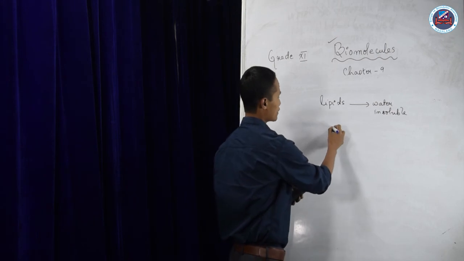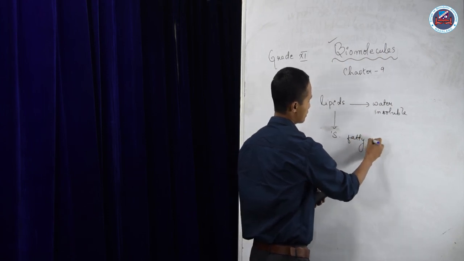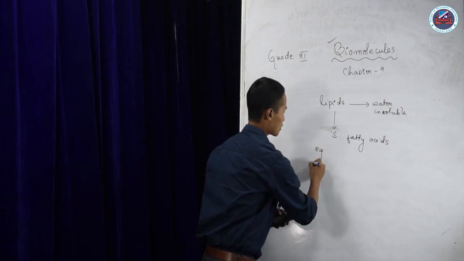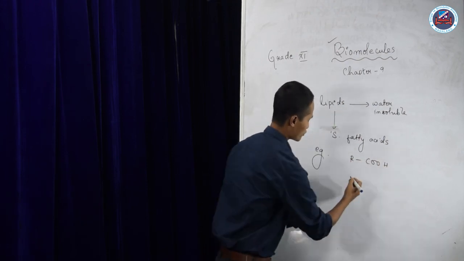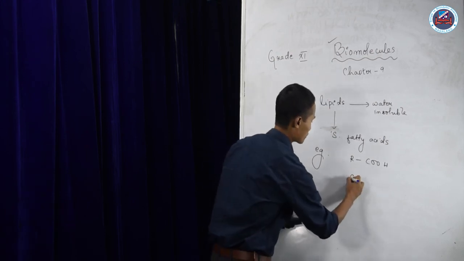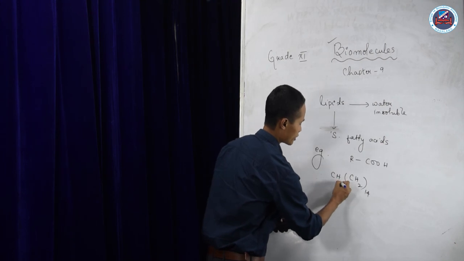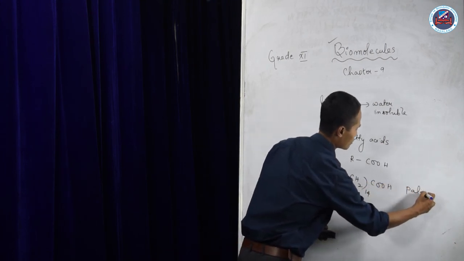For example, simple ones, we can also say fatty acids, simple fatty acids, like RCOOH. Palmitic acid, with carbon chain CH2 14, and then CH3, and if I join COOH, this is palmitic acid.